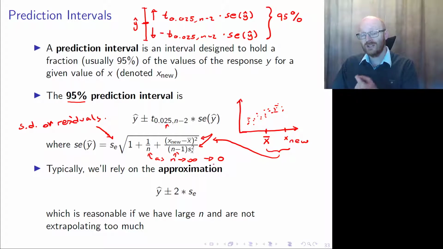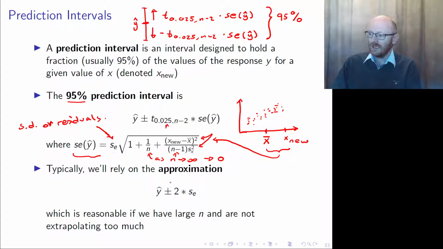But if you don't have many data points, then if you choose an x new far away from the average x, in terms of standard deviations of x, then the standard error for the y hat is greater than the standard error of the residuals.